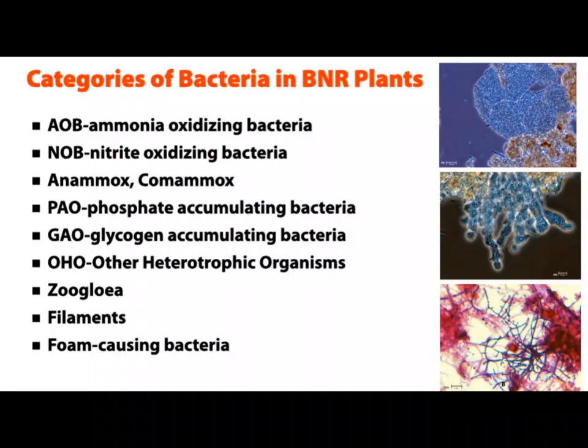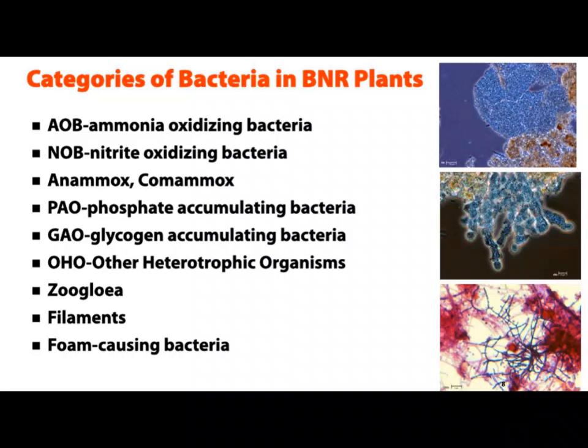So many filamentous problems have been mitigated by BNR designs. Not all of them, but certainly the SVI, the sludge volume index numbers that we get on BNR plants are vastly better, meaning there are lower SVIs, the sludge settles and compacts well. Vastly better than conventional designs, as a large body of data would show.